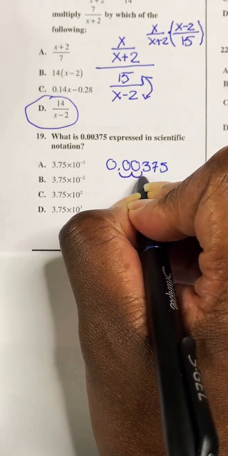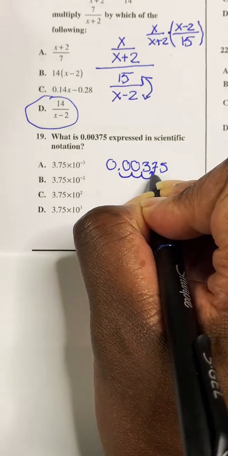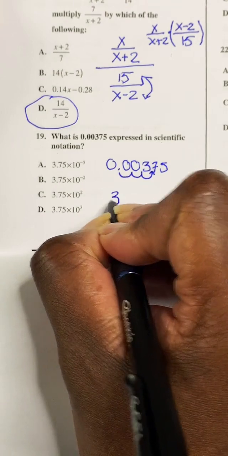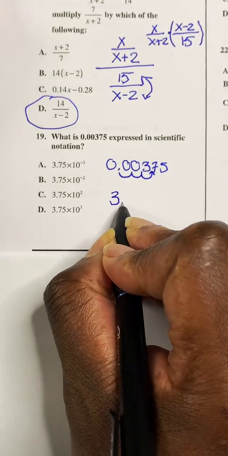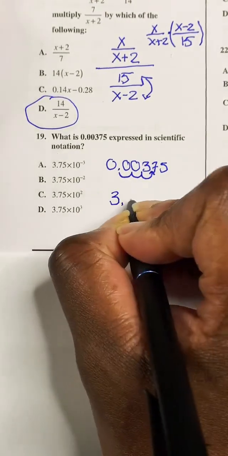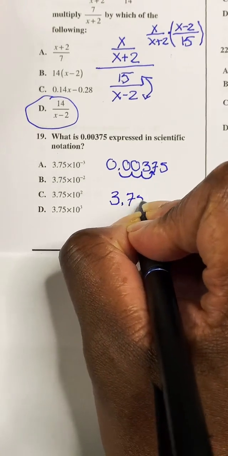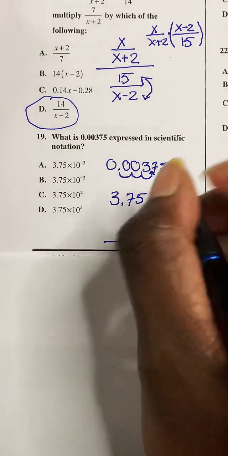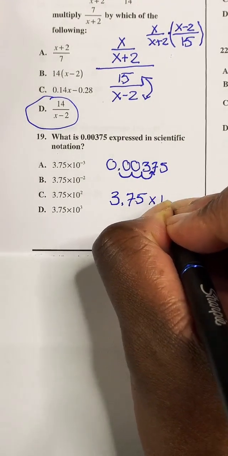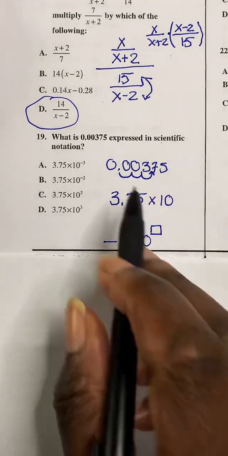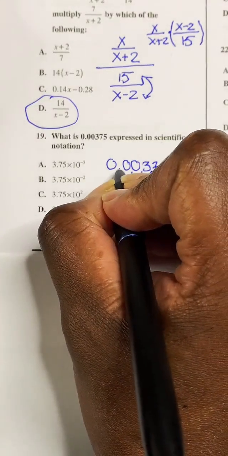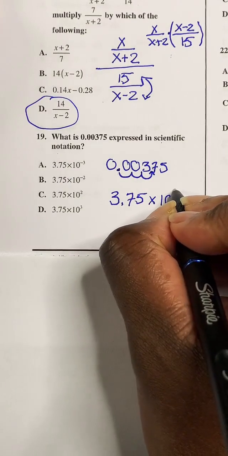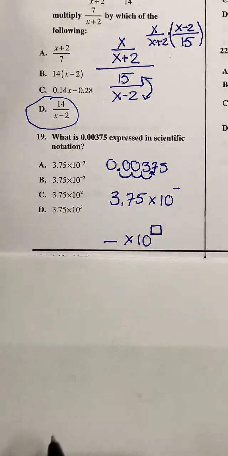Now, if I'm dealing with a decimal point, I have to move this decimal place over 1, 2, 3 times. The reason why it's 3 times is because now the outside number is 1 digit. Then you write the whole 75. And that's similar to everything over here. So now, for the exponent, since we are still in decimal form, I know that this is going to be a negative.